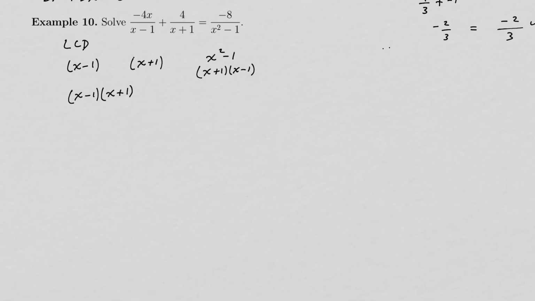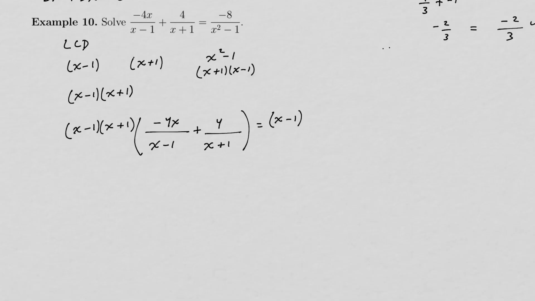So now I'm going to multiply both sides by that LCD. This will allow me to clear out the fractions. And then times minus 8 over, and remember, this, if I factor it, is x plus 1 times x minus 1.